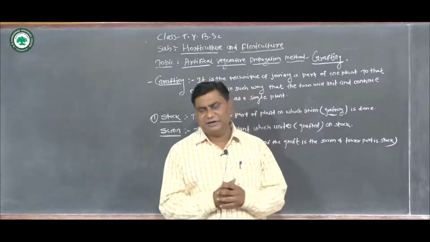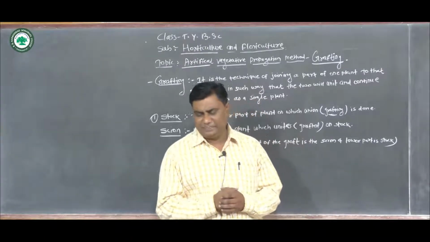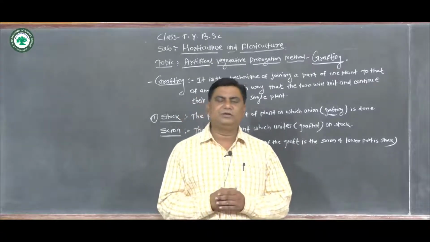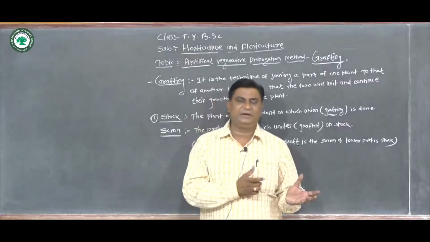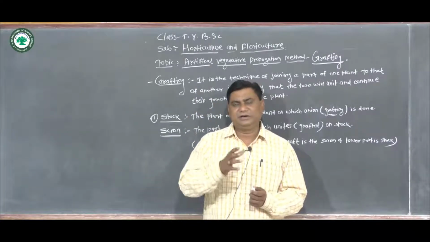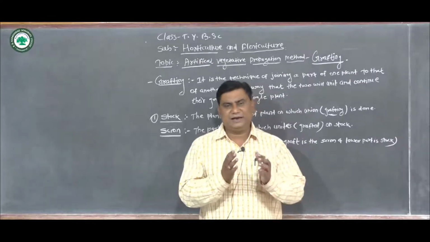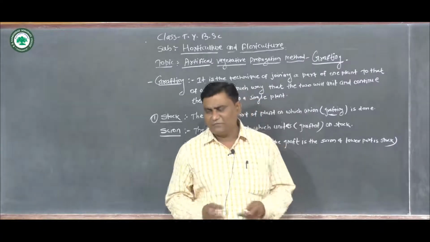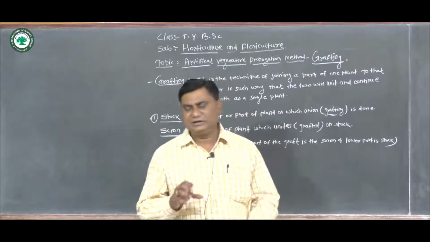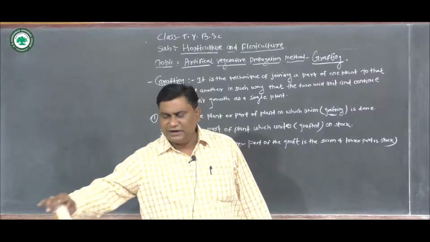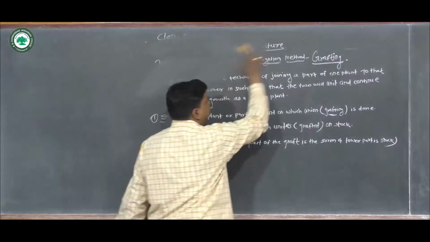These two conditions are essential for grafting. This cambial tissue produces the vascular tissue, xylem toward the inner side and phloem toward the outer side.